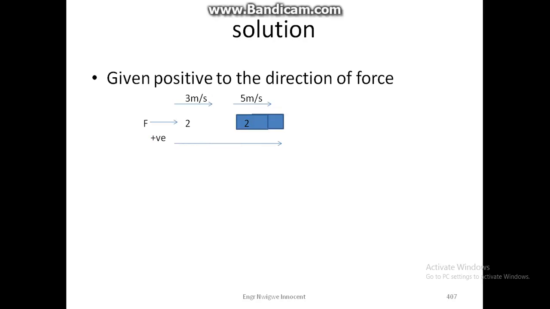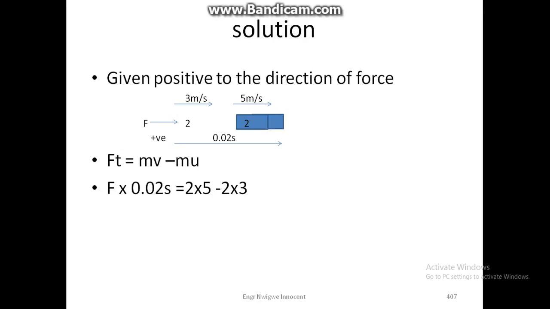We know that from momentum, Ft is equal to mv minus mu. F times 0.02 seconds is equal to mass, which is 2, times final velocity, which is 5 meters per second, minus mass, which is 2, times initial velocity u, which is 3.